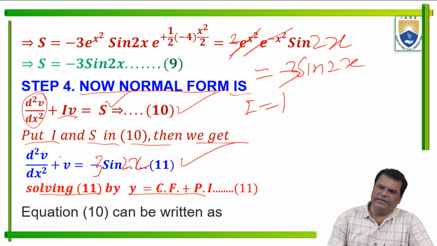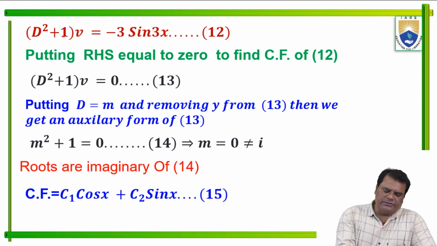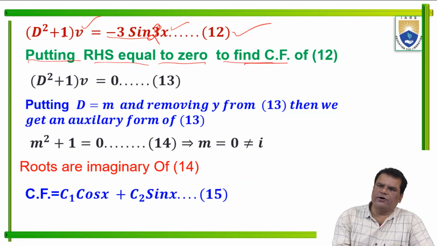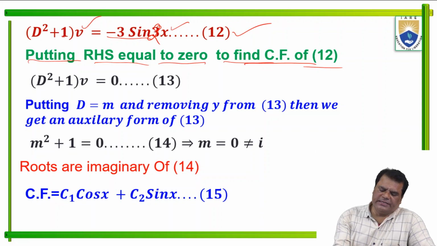Solving equation 11 by the CF plus PI method, now here (D squared plus 1)v equal to minus 3 sin 2x. This is equation 12. Putting RHS equal to 0 to find the complementary function of 12, the equation is (D squared plus 1)v equal to 0.